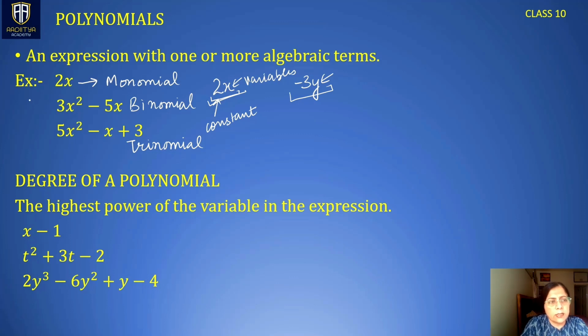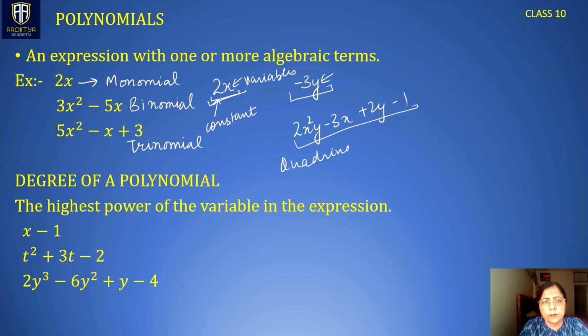Now, all these three examples are of a single variable. I can write, like, 2x square y minus 3x plus 2y minus 1. This is a quadrinomial, an expression with four terms, a quadrinomial in two variables, because here the variables used are x and y.